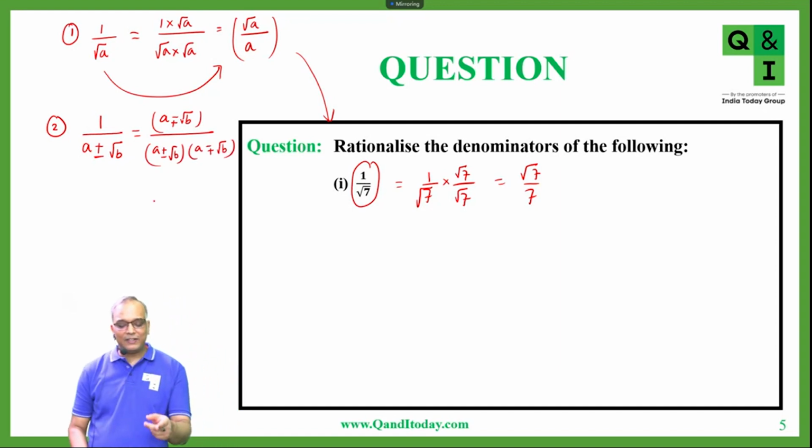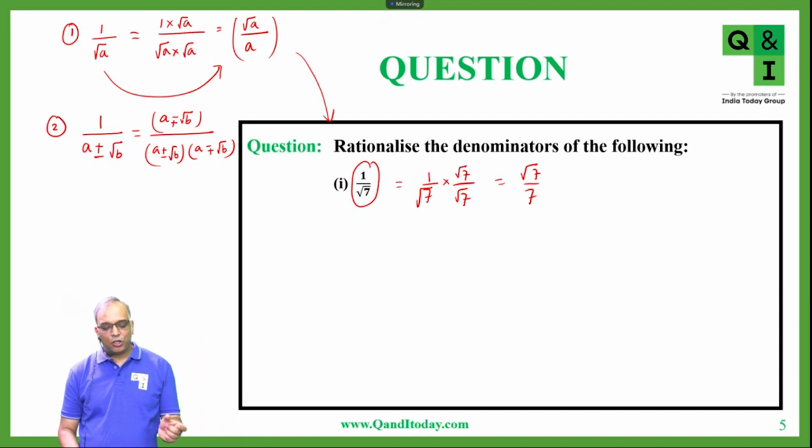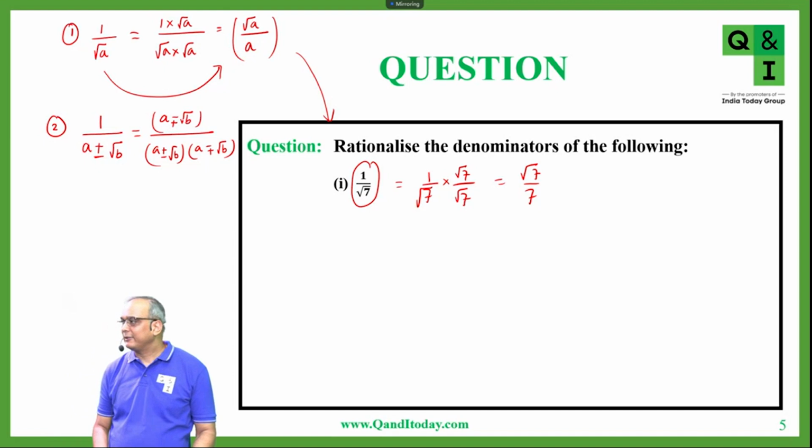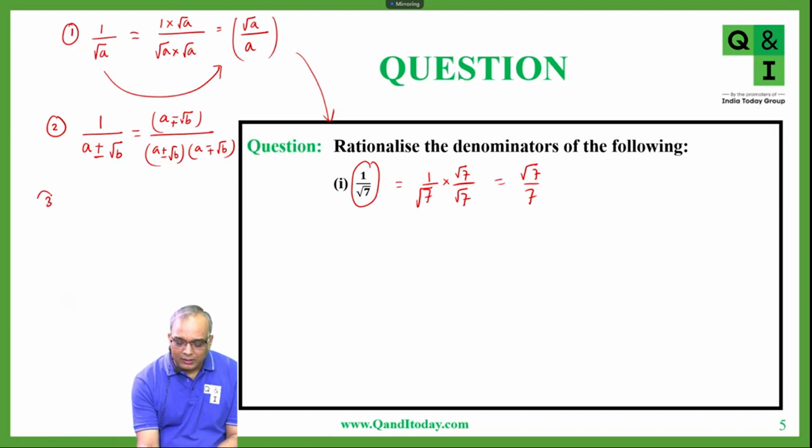This means that if there is a plus sign in the denominator, we have to multiply by a minus root b, and if there is a negative sign in the denominator, then we multiply by the positive sign, a plus root b. Clear?